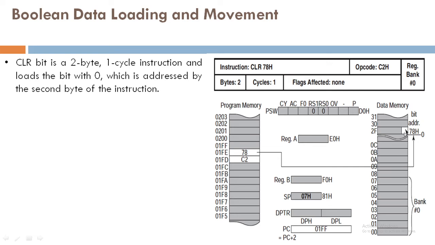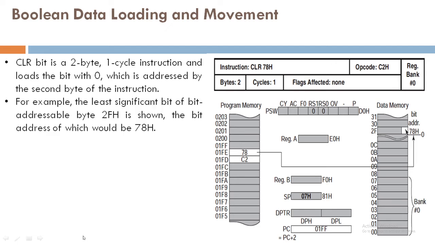the 0. That means, suppose the location is 2F, but it is pointed by 78, this is the initial location, and if there is something here, it will be erased, that bit will get erased and the location will have 0 in it.